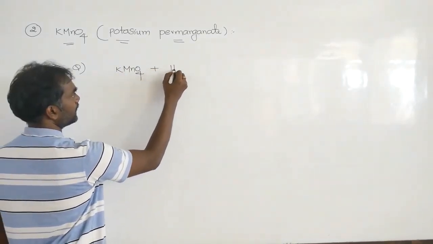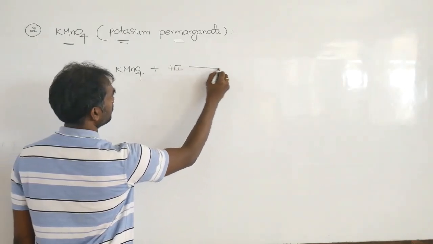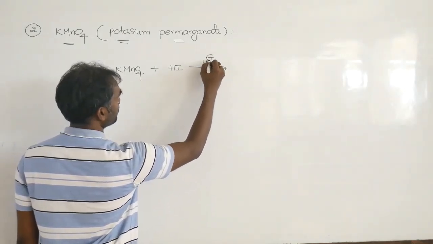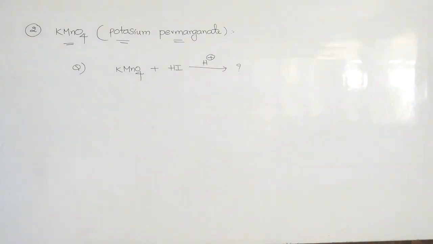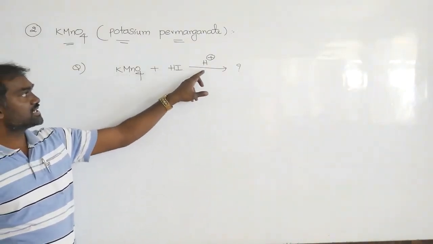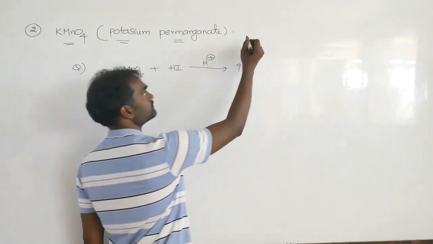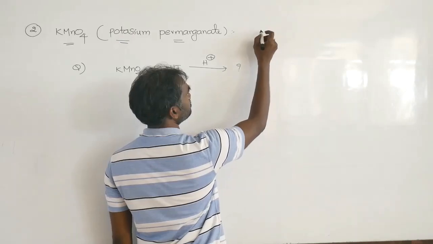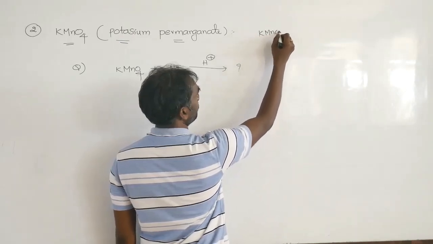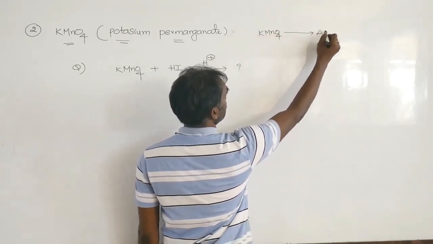KMnO4, HI, hydrogen iodide in the presence of acidic medium, question mark. They will provide like that. So KMnO4 acidic medium, always you remember, what is that? KMnO4 ABN 513.